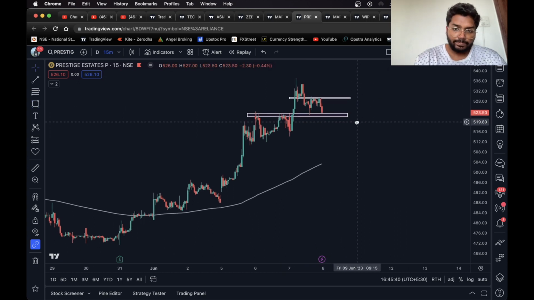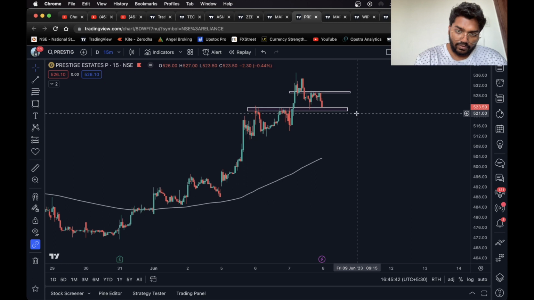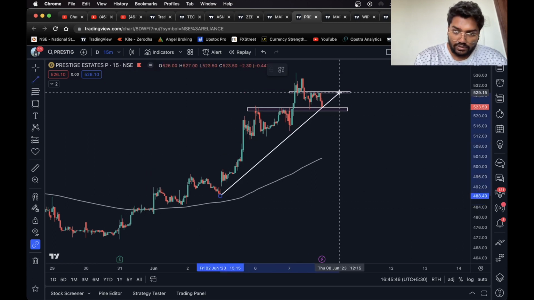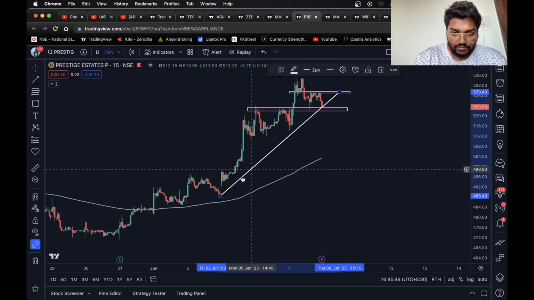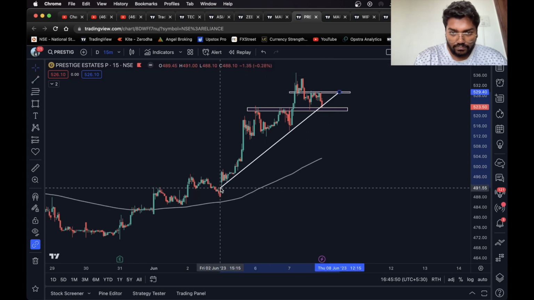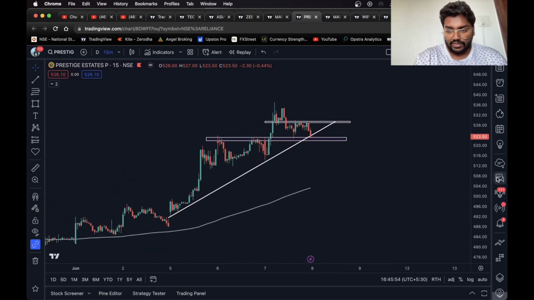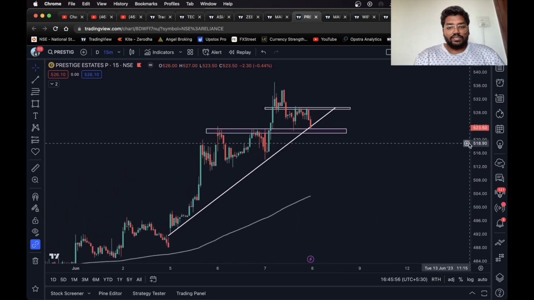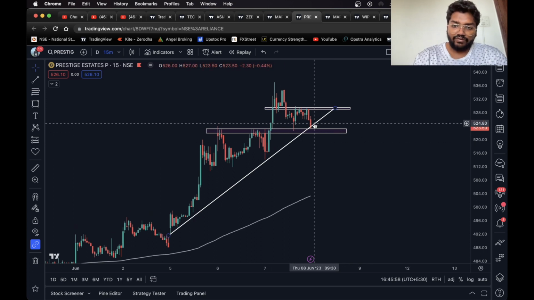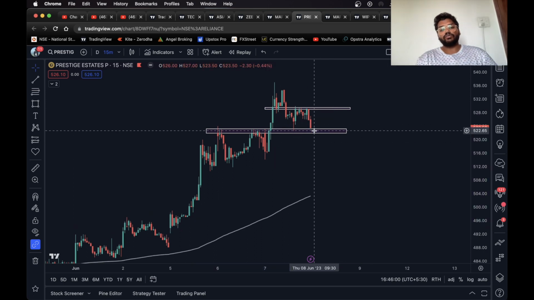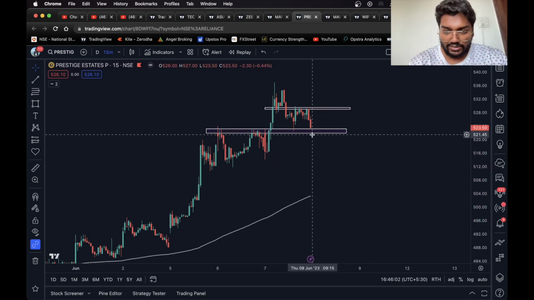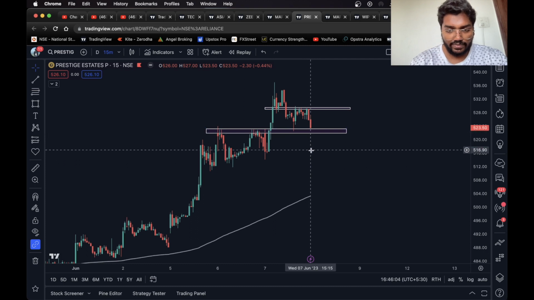Okay, do we have a trend line here also? Yes. Okay, nice, very nice. Prestige also, we have a trend line, but I'm removing it now for explanation. Once it sustains below this level, a short trade can be taken.